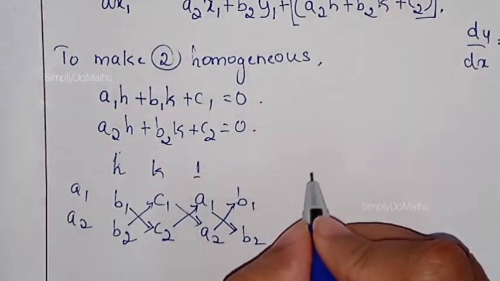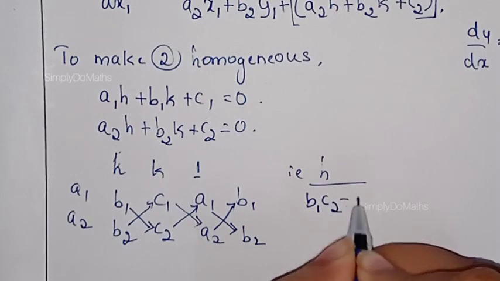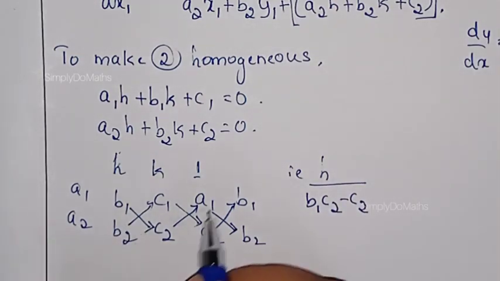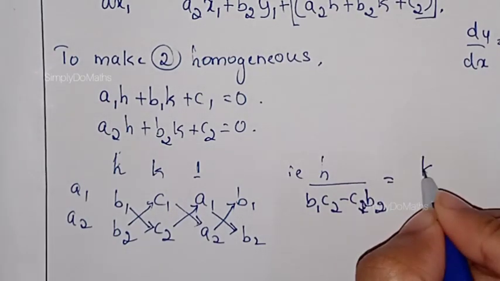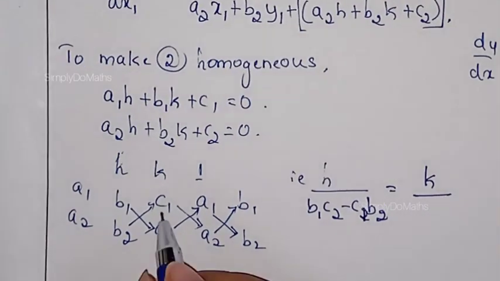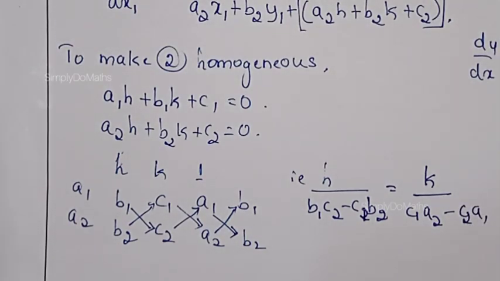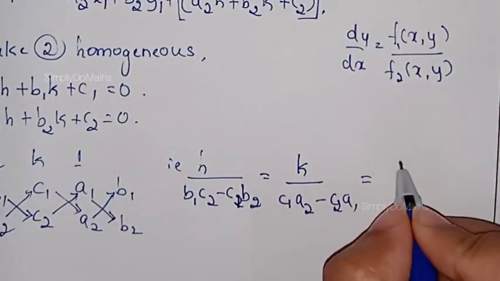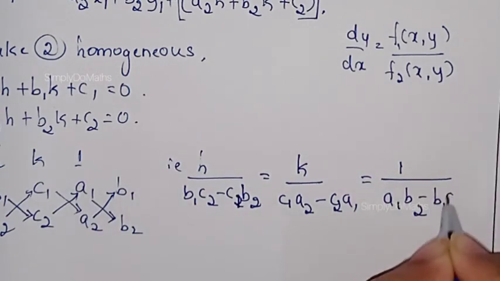Right. So h divided by (b1 c2 minus b2 c1) equal to k divided by (c1 a2 minus c2 a1), and this is equal to 1 divided by (a1 b2 minus b1 a2).